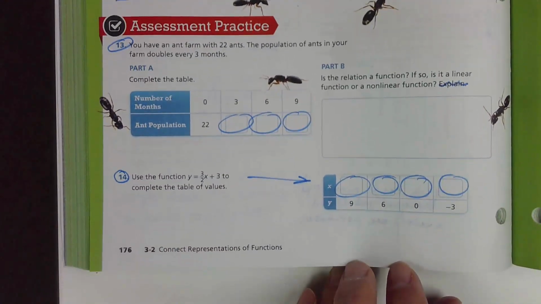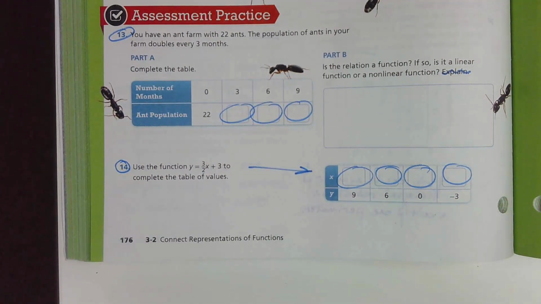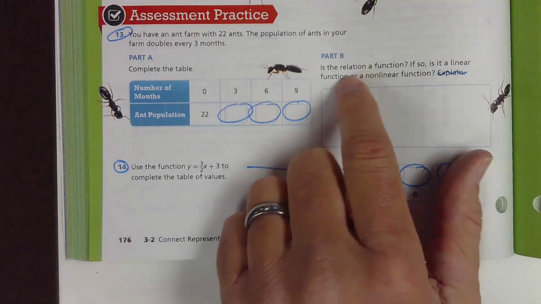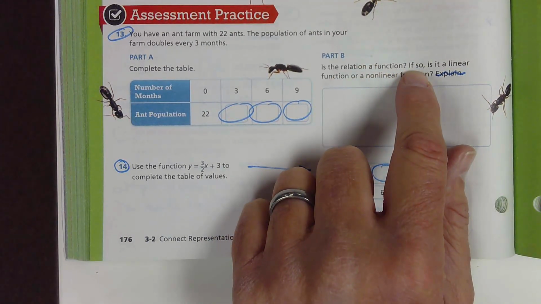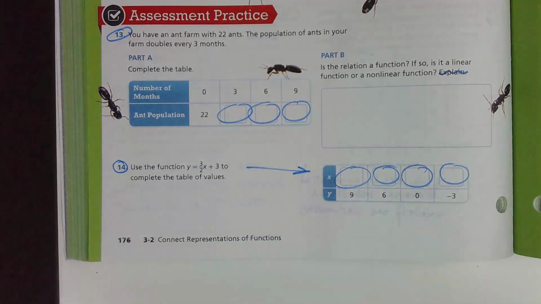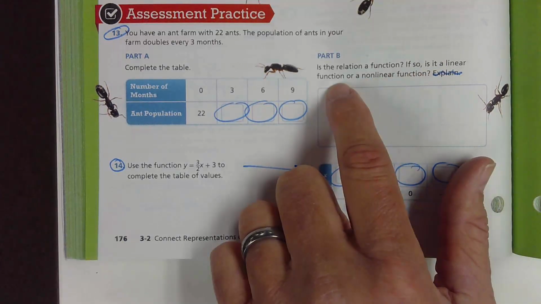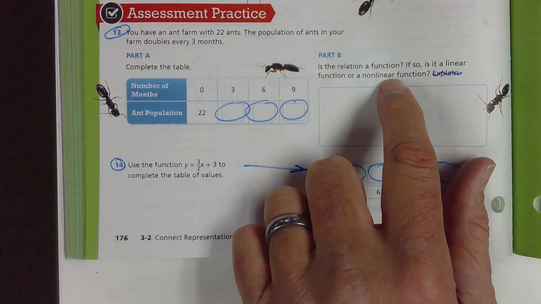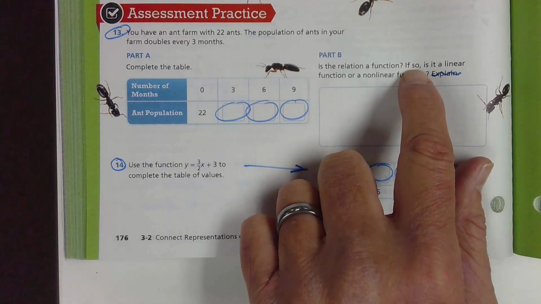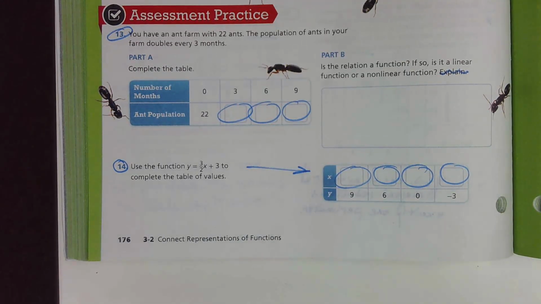Number 13, circle that one and fill out those 3 boxes. Part B is, is the relation a function? Just put yes or no. You don't need to explain. And then they ask, is it a linear function or a nonlinear function, if the answer is yes? You should be able to tell the difference between a linear and a nonlinear function now.